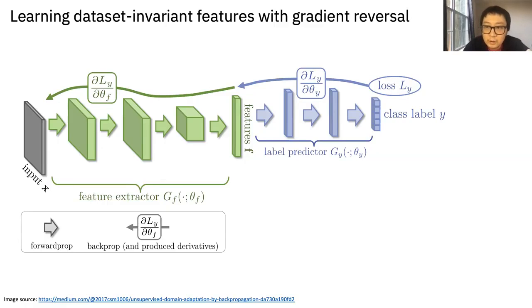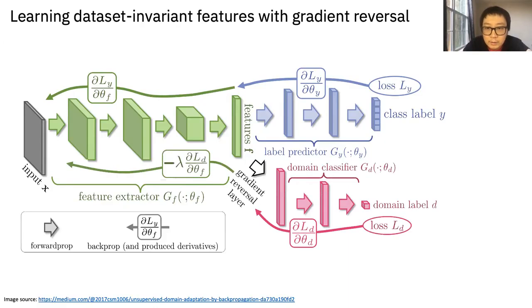During the training, the goal of the green part and the blue part is to minimize the matching prediction loss using back propagation. So in addition to the label predictor, we also connect the deep feature extractor, the green part, to a domain classifier, the pink part, which is another deep feed-forward neural net, but we add a gradient reversal layer between the green part and the pink part.